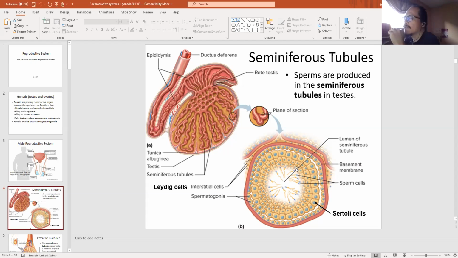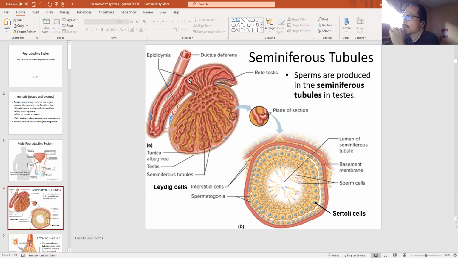All right, so the sperm are produced here in the seminiferous tubule. Then they travel through the rete testis, right here. Then they go through the epididymis, right here.